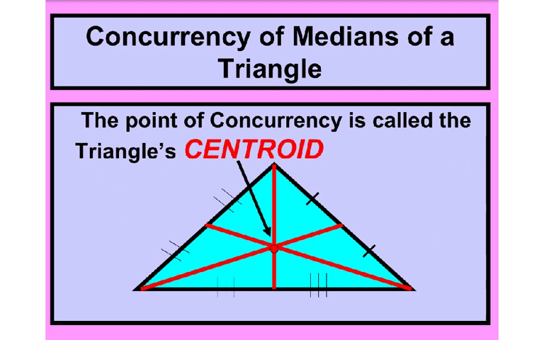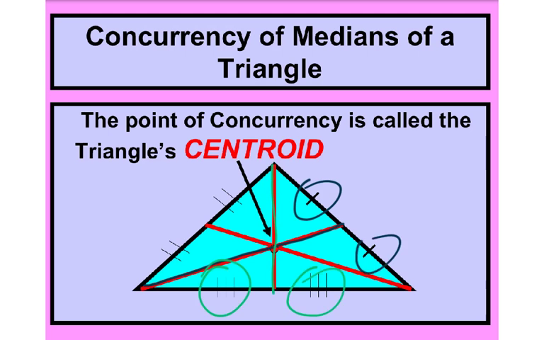When you have a median of each side and the 3 of them intersect in a point, it's called the centroid. So notice that each of these is a median. And the way you can tell that is because it comes from the vertex and when it gets to the other side, it breaks it into 2 equal parts. And all of them do that.